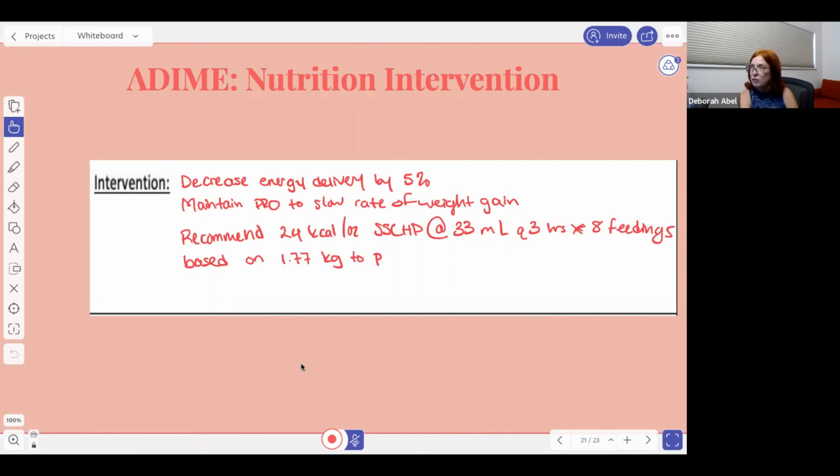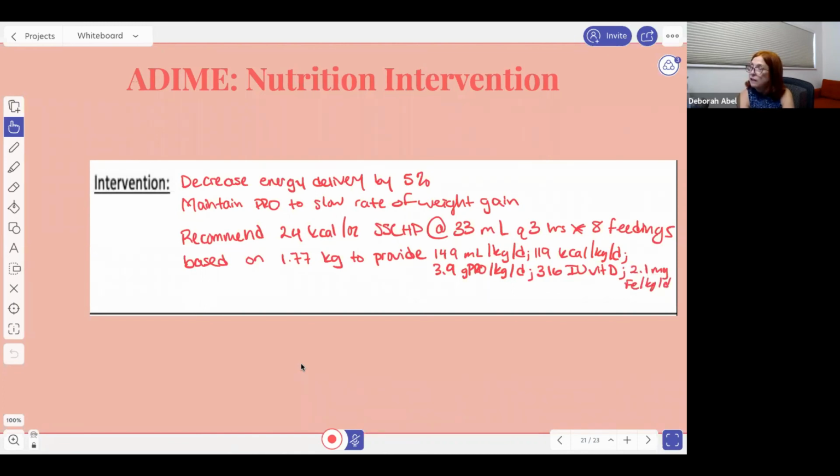So this will provide 149 mils per kilo per day, 119 calories per kilo per day, 3.9 grams of protein per kilogram per day, 316 international units of vitamin D, and 2.1 milligrams of iron per kilogram per day.